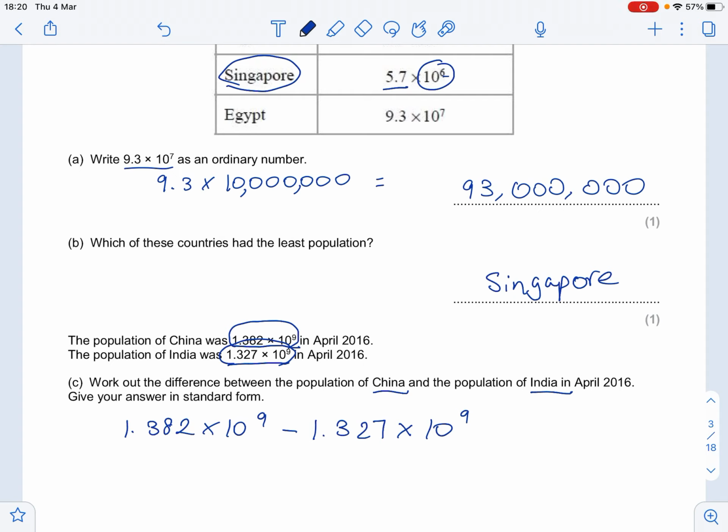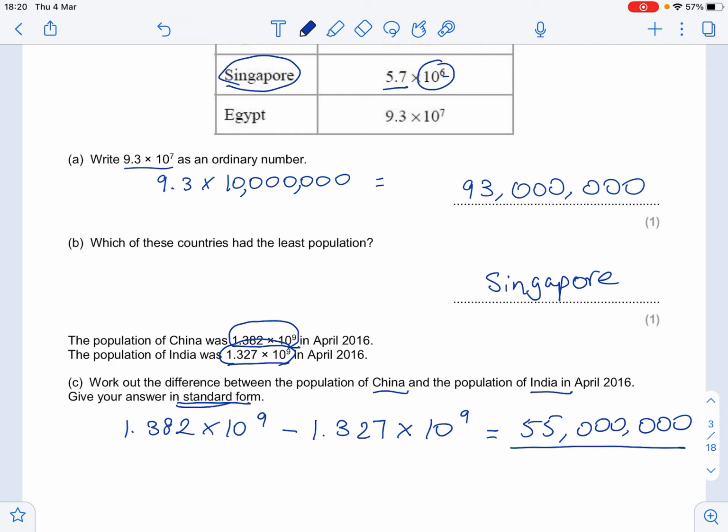Just type into your calculator, you get 55 million, and remember, you need to write your answers in standard form. You need to write this in standard form to get your second mark.